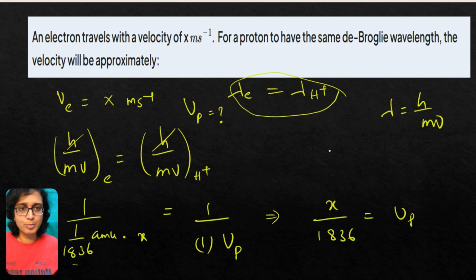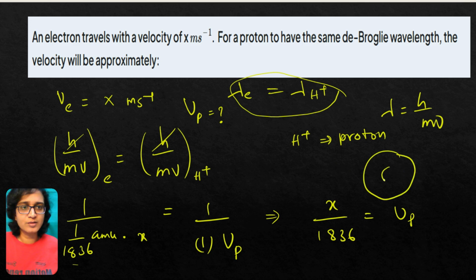Here proton means H plus ion is nothing but proton. Actually, proton is the subatomic particle. If you take a hydrogen atom, the nucleus has one single proton, and the hydrogen atom also has one electron. So one proton and one electron make a neutral hydrogen atom.